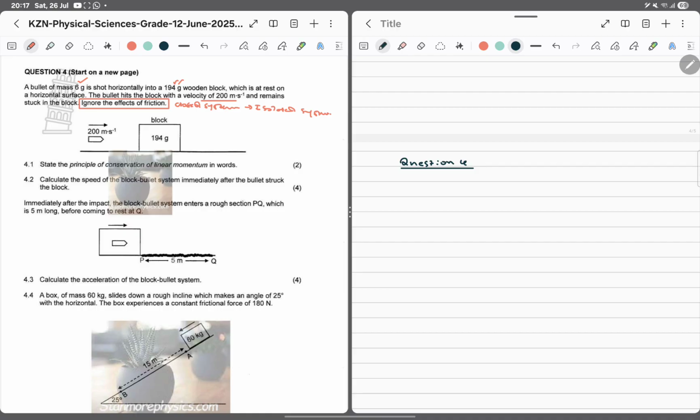Right, 4.1 says, state the principle of conservation of linear momentum in words. Okay, that's good. So 4.1, we know that total linear momentum in an isolated system remains constant.